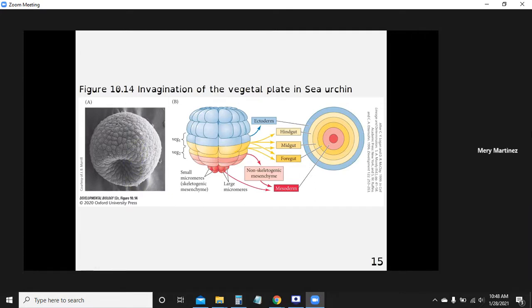The non-sclerogenic cells are the first ones to invaginate. So these ones invaginate and form the tip of the Archenteron, leading the other cells into the blastocele.